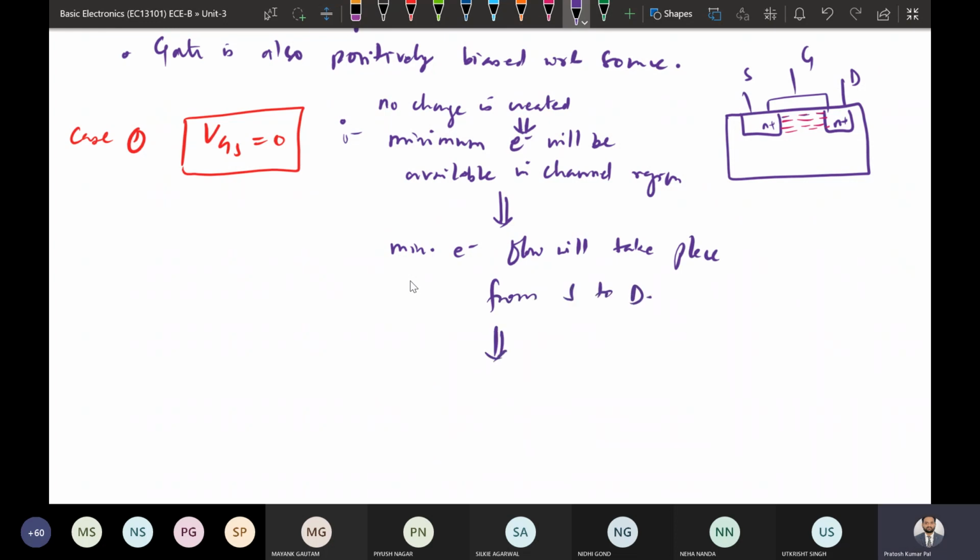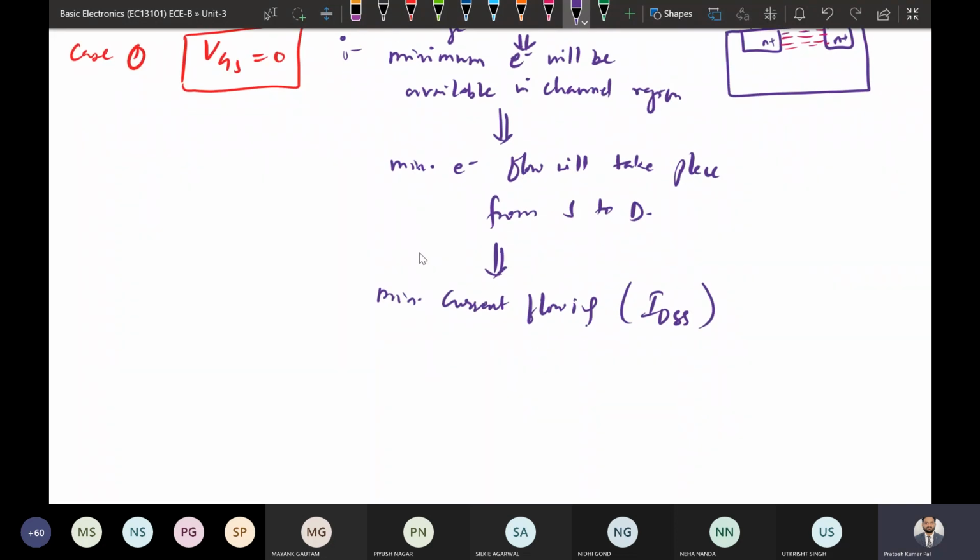That means there will be minimum current flowing between drain and source, and this minimum current will be nothing but IDSS. So when VGS equals 0, the current flowing will be IDSS only, but this IDSS will be the minimum current for the case of enhancement mode of operation. Okay, so this will be the case at VGS equals 0.